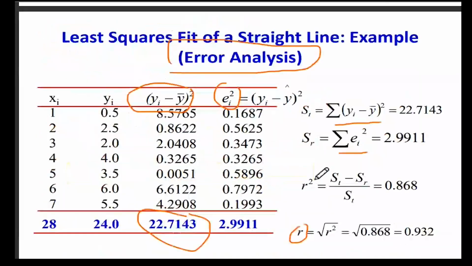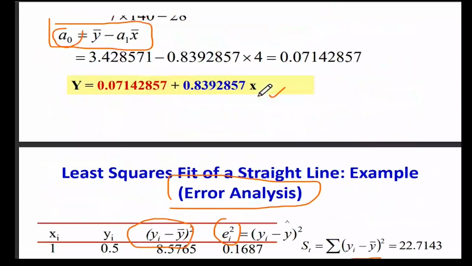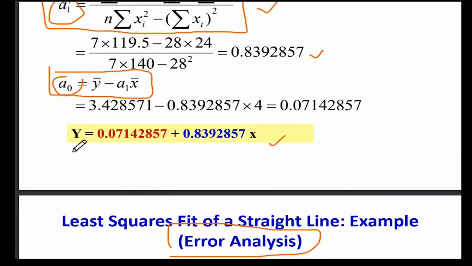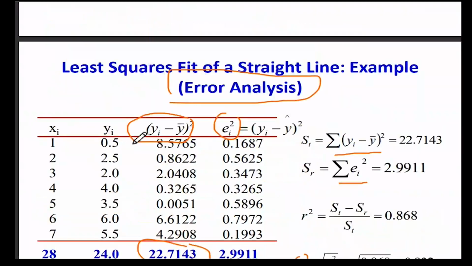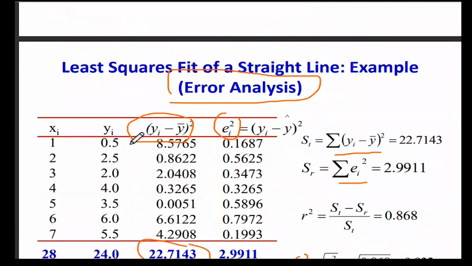So, ini adalah contoh kat sini, kita ambil 0.5, nilai yang kamu measure 0.5 minus nilai Y yang kamu akan dapat bila kamu letakkan X ni dengan 1. So, dengan tekan X1, dapat nilai Y ni, tolak daripada nilai YI kat sini, kuasa 2 kan dia. So, kita dapat 0.1687.